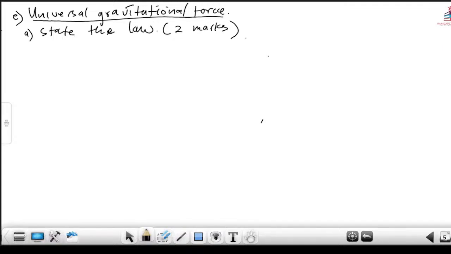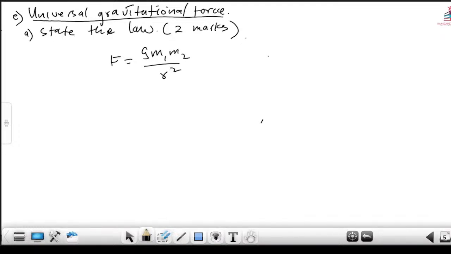It says each body in the universe attracts every other body with a force that is directly proportional to the product of their masses and inversely proportional to the square of the distance between their centers. The equation will be given: F equals G m1 m2 over r squared.